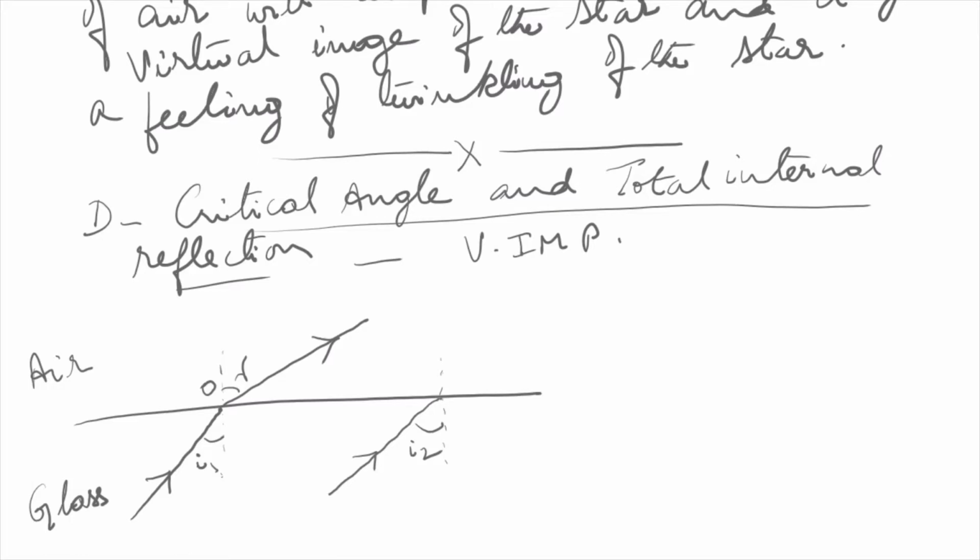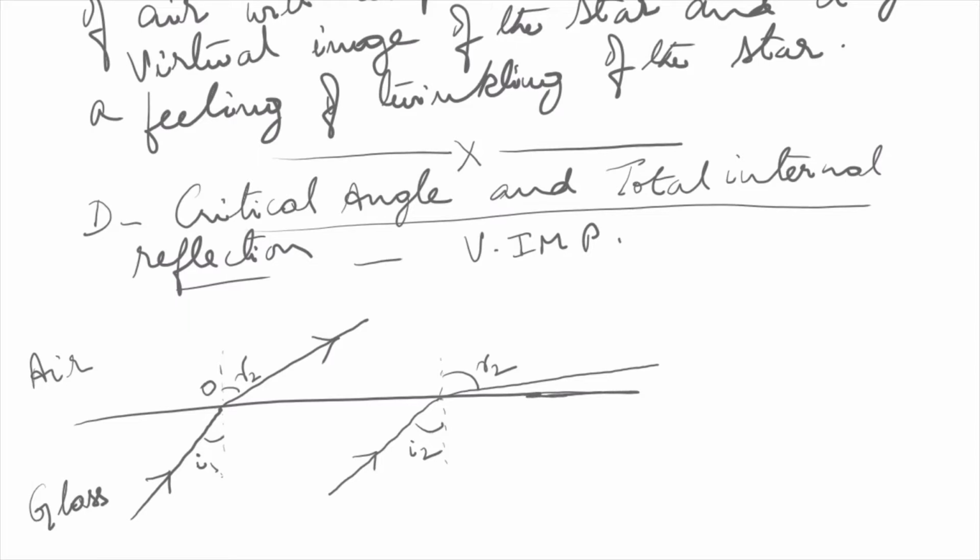So what will happen? It will bend further away from the normal. So this one will be the angle of refraction. Now that means what is happening? The refracted ray is bending and bending towards the surface of separation, isn't it? This is the surface of separation between glass and air, right?